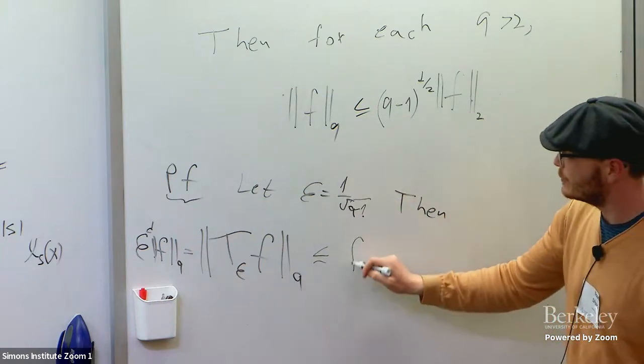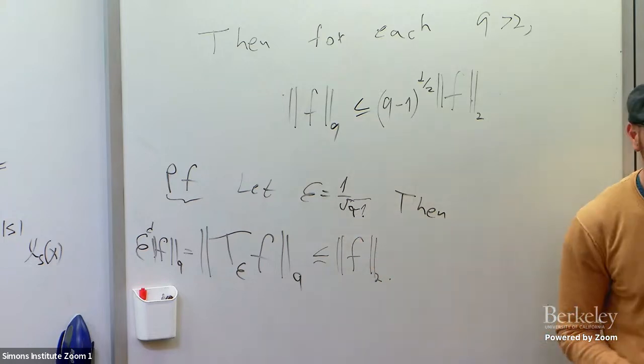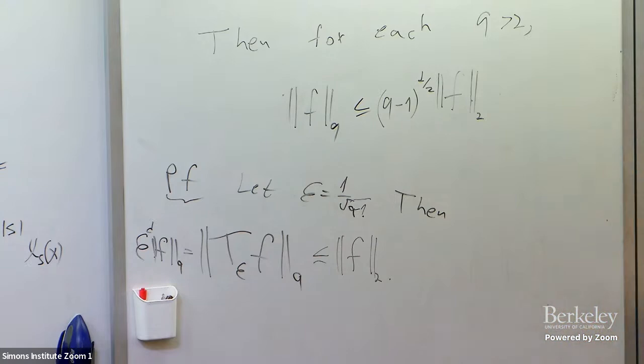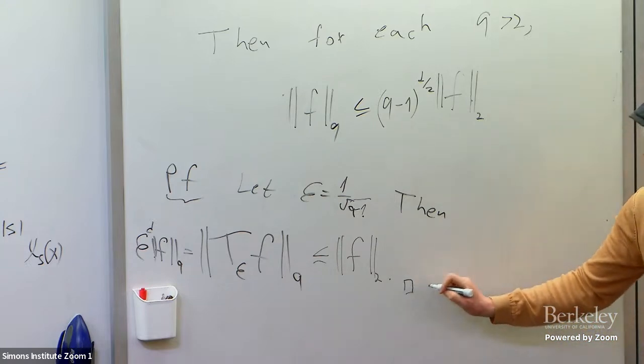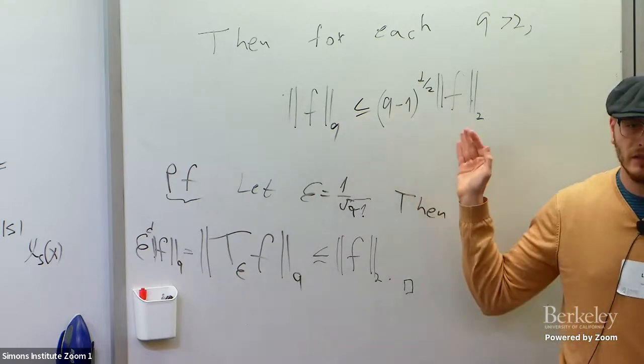On the other hand, it's at most the 2 norm of f. Basically, we rearrange, and that completes the proof. And it's true in general that if we have a hypercontractive operator, we can look at its eigenfunctions and deduce that their q norm is bounded in terms of their 2 norm.